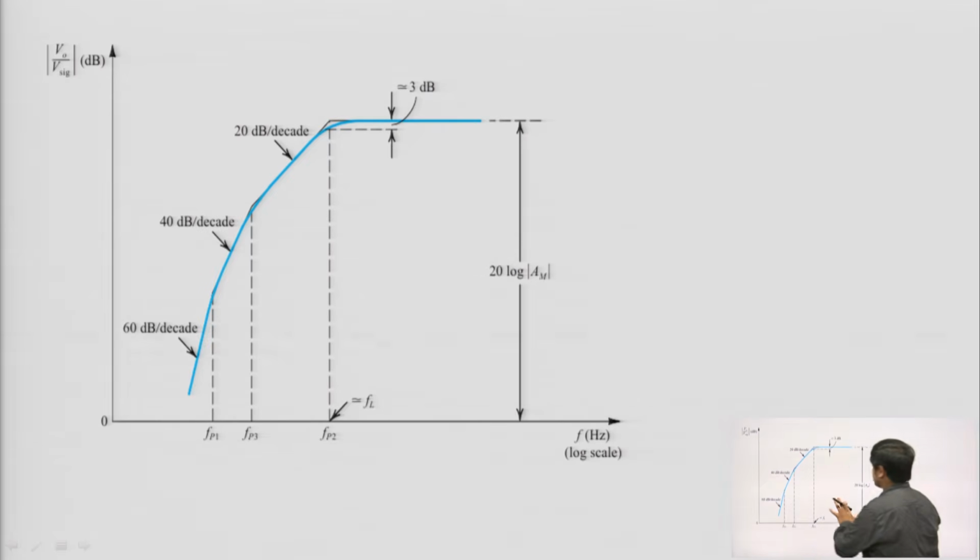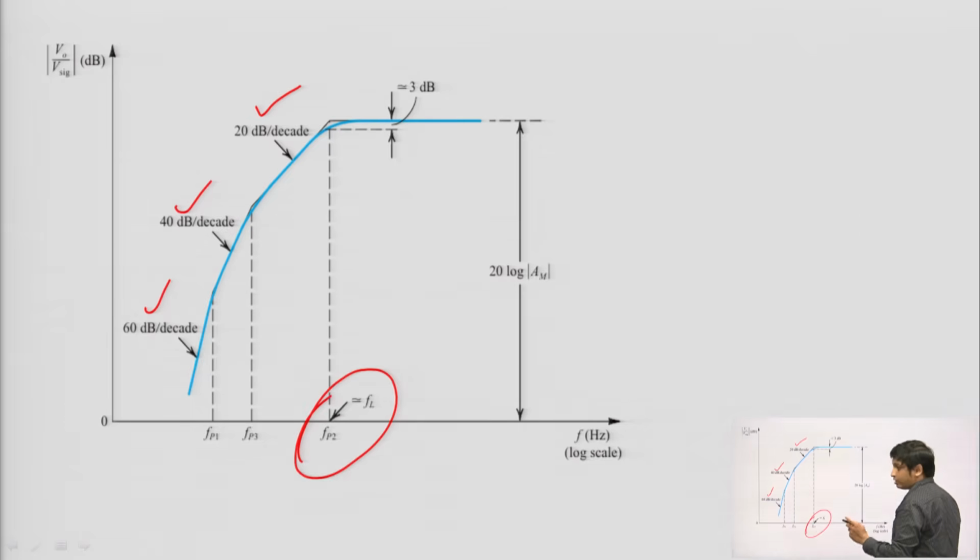Now, after that, this is the low frequency response. In the low frequency response, the gain is reduced at low frequencies. Since there are 3 corner frequencies, firstly there is a slope of 20 dB per decade, then 40, then 60. The highest frequency is the second corner frequency, FP2, because there is a transconductance term in the numerator, and the transconductance of the CS amplifier is high.